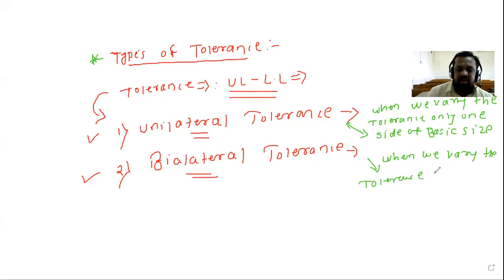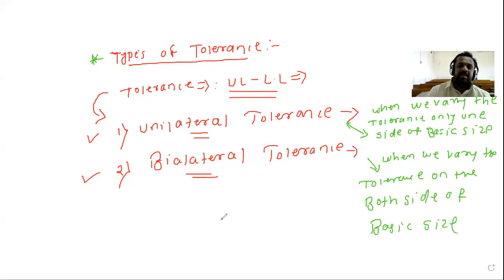When we vary the tolerance on both sides of the basic size, it is called the bilateral tolerance. Understood? Just remember this definition. Unilateral tolerance means we are showing the dimension of the part only on one side of the basic size, and bilateral means on both sides of the basic size.